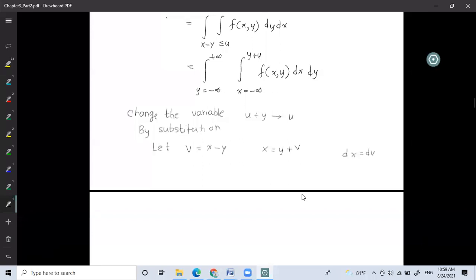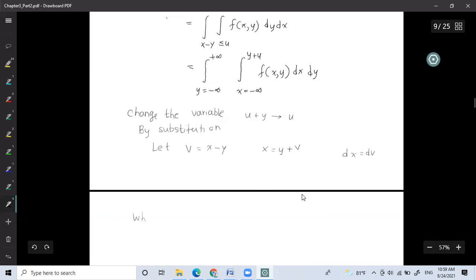Right? So shall we find the limits? What will happen to v when x goes to negative infinity and y plus u? When x goes to negative infinity, it's just negative infinity minus y, so v will also go to negative infinity.